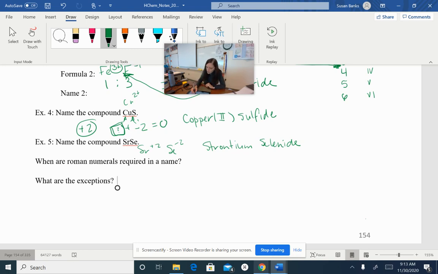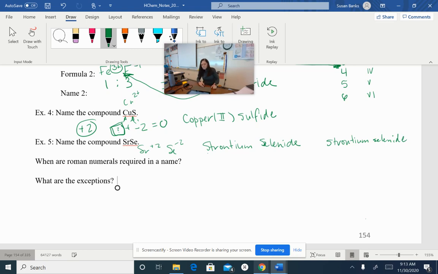Now you don't have to capitalize things like I do. I'm just kind of bad. I put capitals where I shouldn't. We could also write it just strontium selenide. Oops, I can't spell. Selenide.